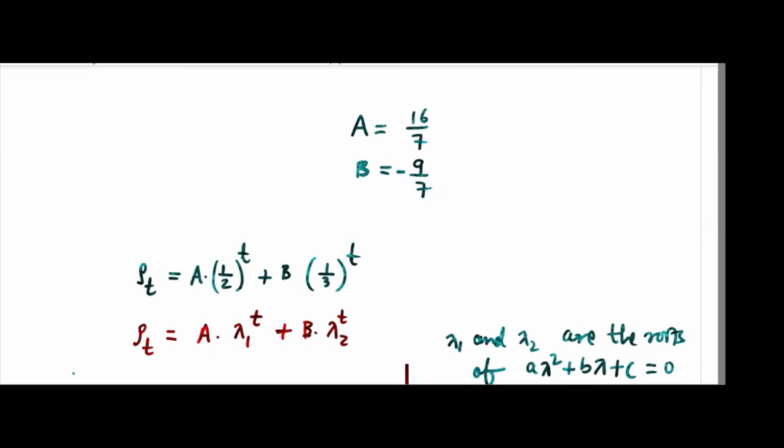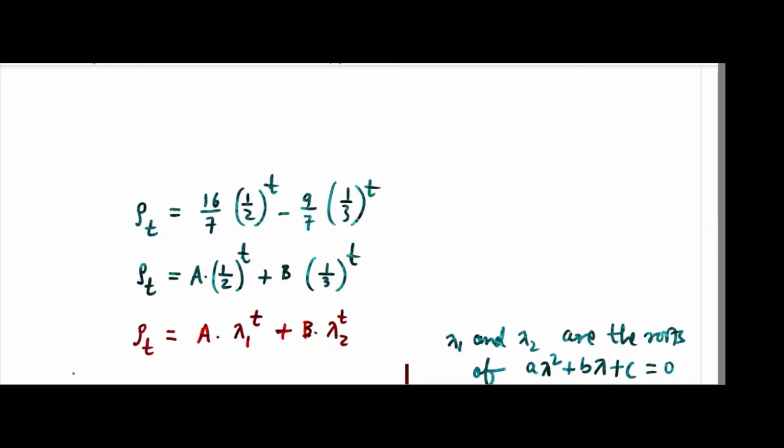So final rho T will be equal to 16 upon 7, 1 by 2 power T, and then minus 9 upon 7, 1 by 3 power T. That's all. This is the final solution.